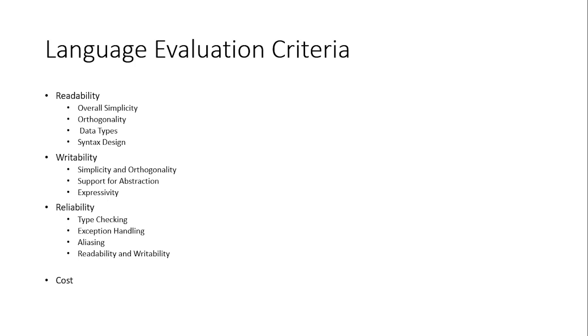Ada, C++, Java and C# include extensive capabilities for exception handling. And such facilities are practically non-existent in many widely used languages, including Fortran and C. We'll be studying exception handling later.